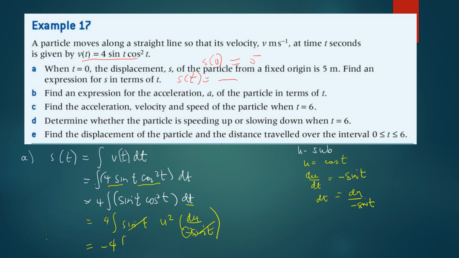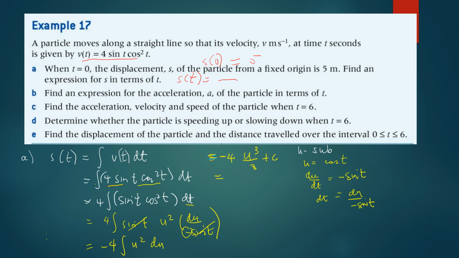So we are integrating u squared du, which is quite simple. It's just a power rule. So the answer is negative 4 times the integral of u squared du, which is u raised to 3 over 3 plus c.